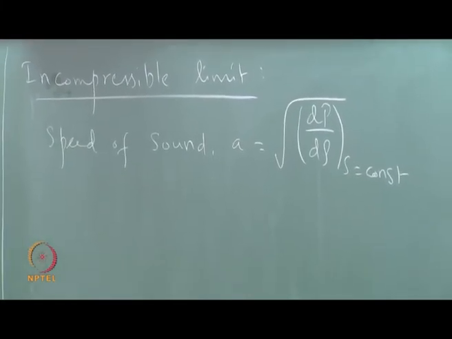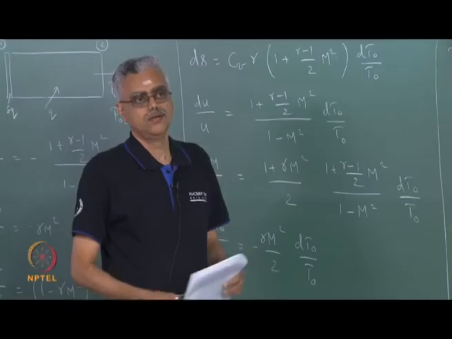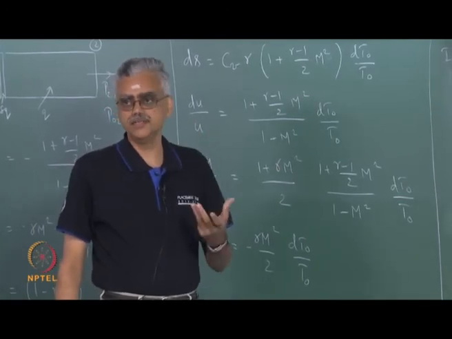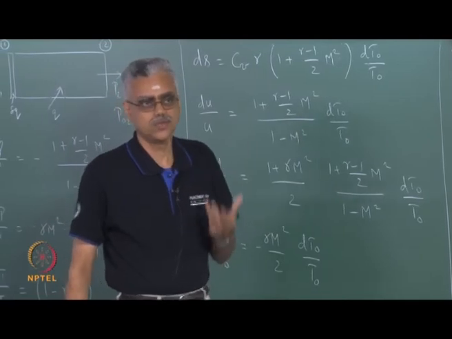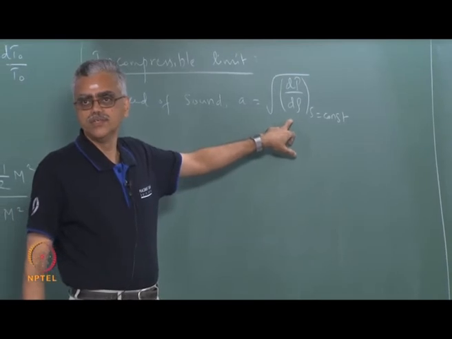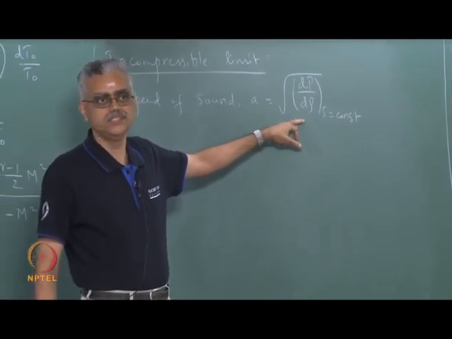If the fluid is incompressible, by definition, irrespective of the pressure change, the density remains the same. So I can have whatever delta P I want, but delta rho is essentially 0 or very small. There is no change in the density of the fluid.